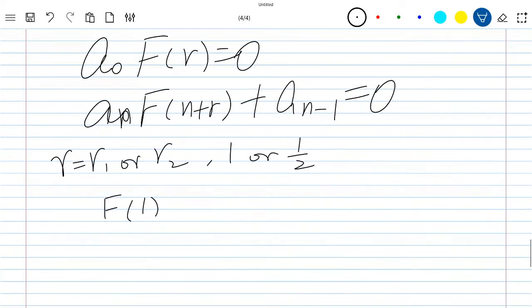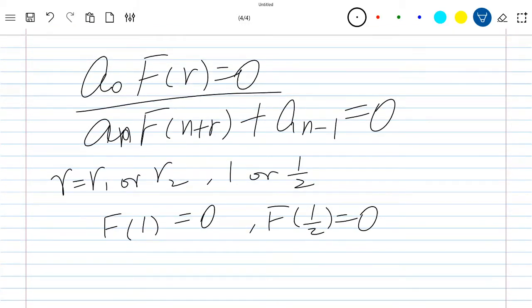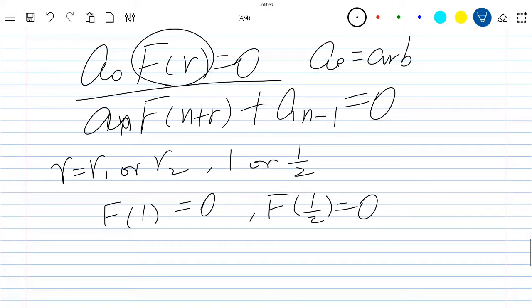So this equation tells us that no matter whether r equals 1 or 1/2, you will get 0. So what is a0? A0 is arbitrary, right? Because a0 times 0 equals 0 does not tell you anything about a0.